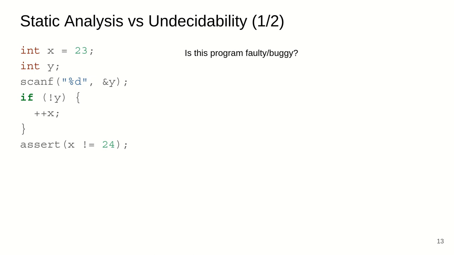We'll look at the code, we'll stare at it, there's a user input, and we can actually see if Y is 0, then the program is faulty, right? Because if Y is 0, then not Y is true, and therefore X will be incremented to 24 from its initial value 23, therefore the assertion will trigger and the program will crash.